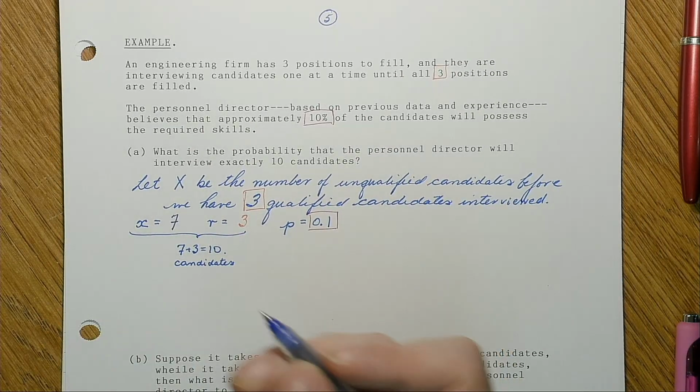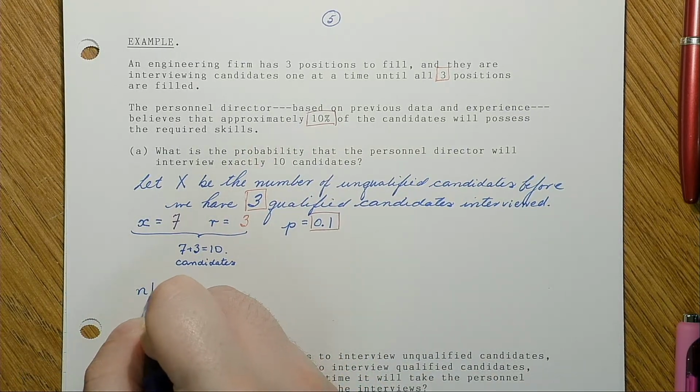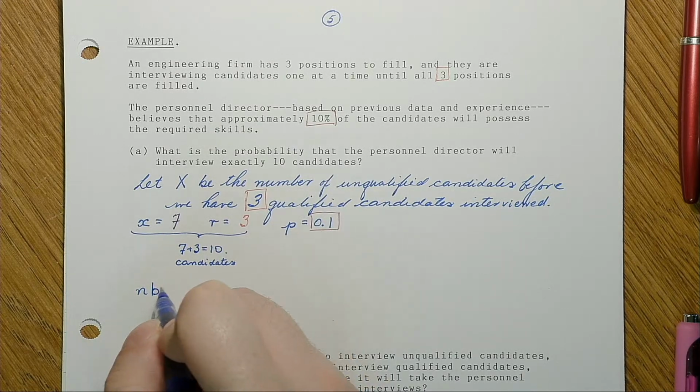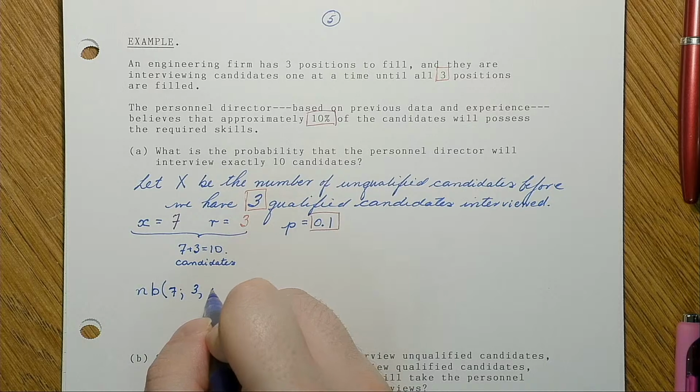So now we can proceed to just substitute the values into the formula. So the negative binomial distribution, we want x to be 7, and r is equal to 3. The probability is 0.1.